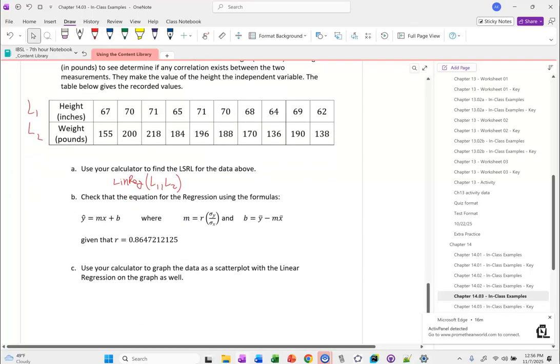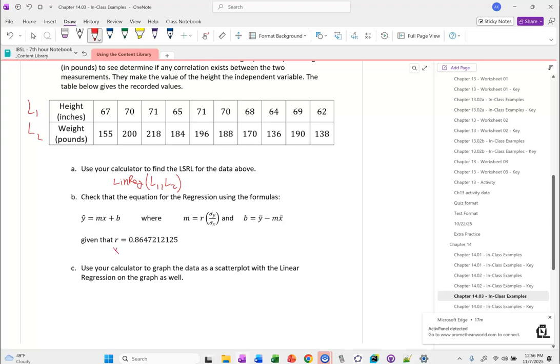Check that the equation for the regression matches using these formulas. So how are we going to get x bar, y bar, x standard deviation, y standard deviation, to be able to plug them into those formulas?